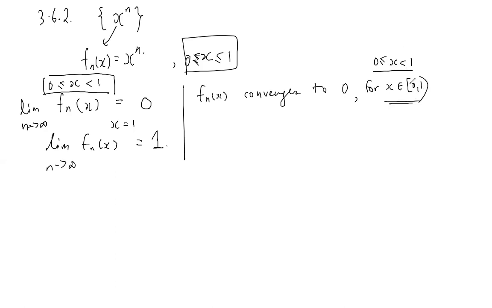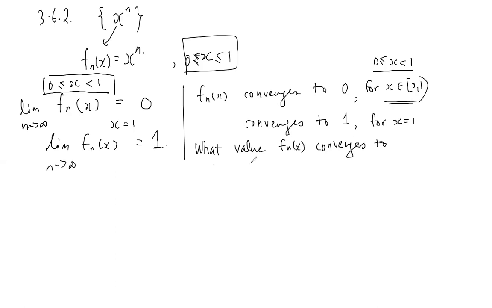They are equivalent. We can say that f_n(x) converges to 0 for this particular range of x values, and converges to 1 for x equals 1. So in this case, the value that f_n(x) converges to depends on x.